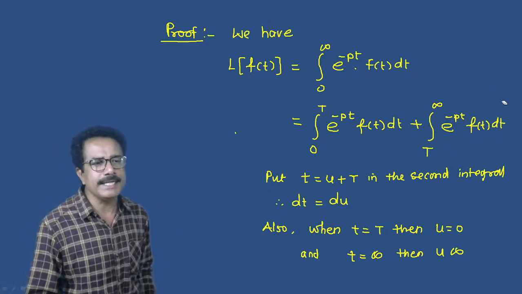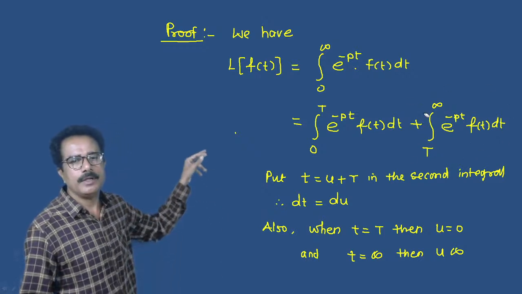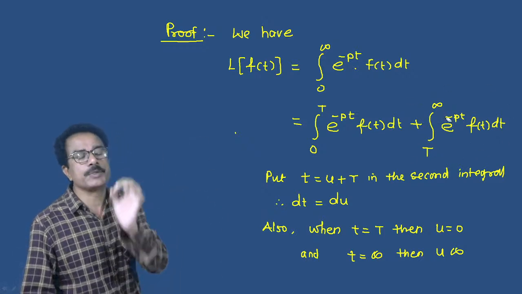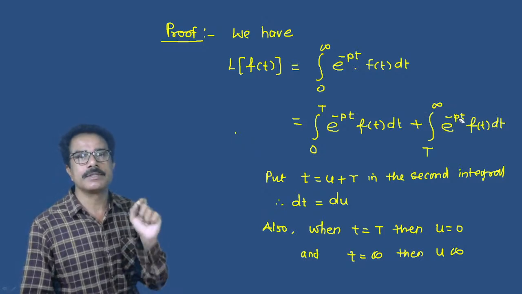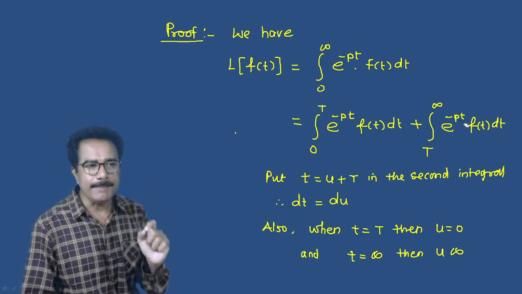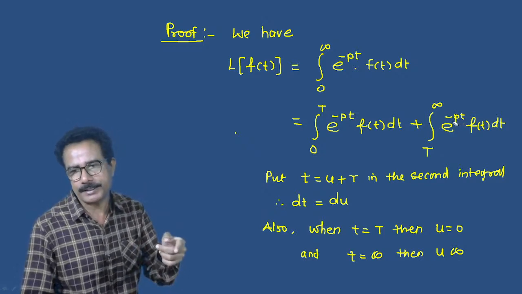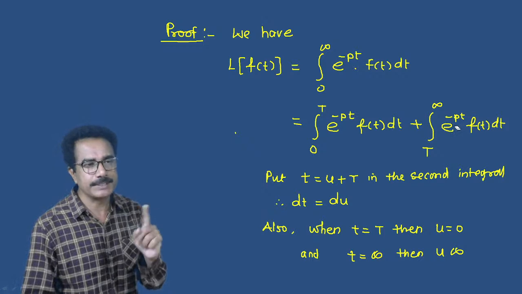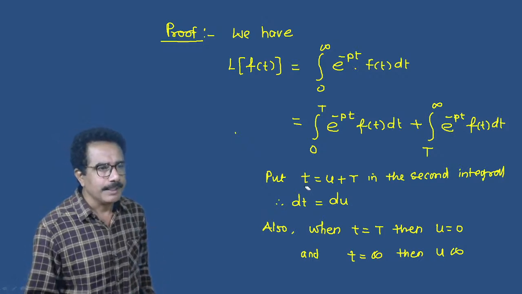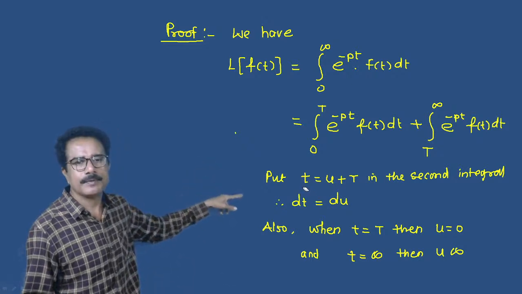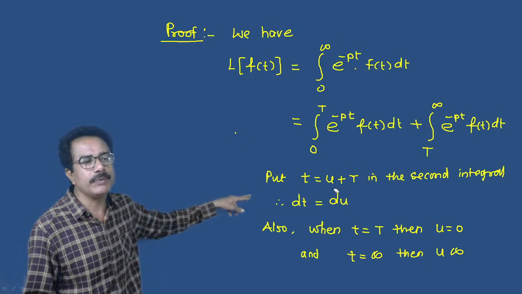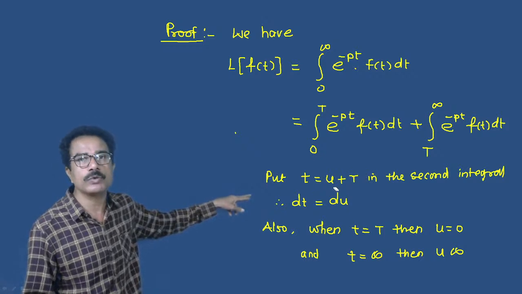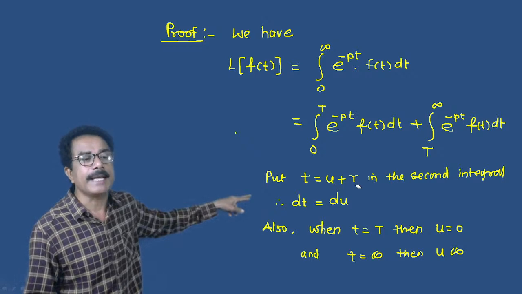Now, in the second integration, we have to use the substitution method. We have to use substitution of the time period in terms of the periodic time capital T. So in the second integral, put small t equal to u plus capital T. U is another variable which we substitute in place of t.